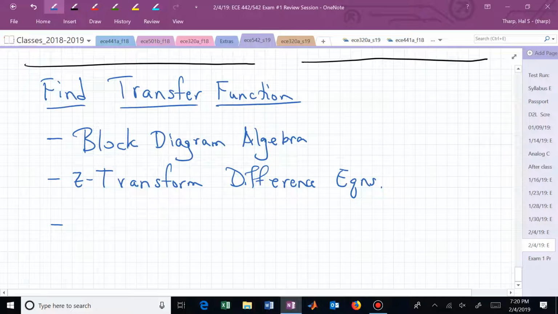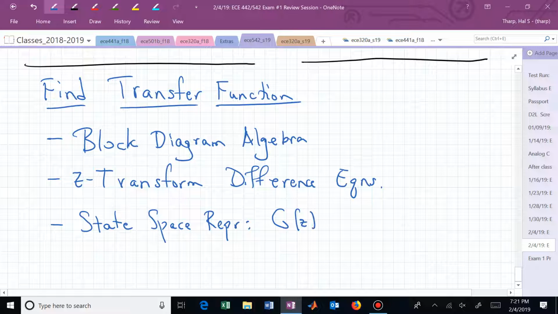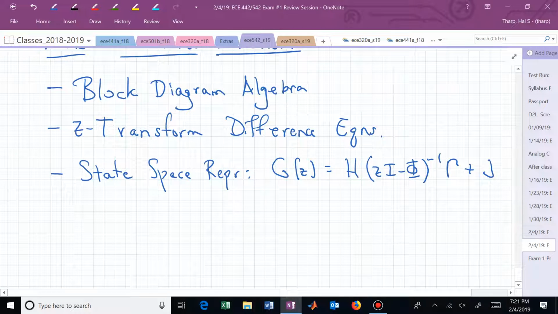Or, if you found a state space representation, can you plug the appropriate matrices into this expression G of z, which is the output matrix times zI minus the system matrix phi, inverted, times the input matrix, plus the direct feed-through matrix J.